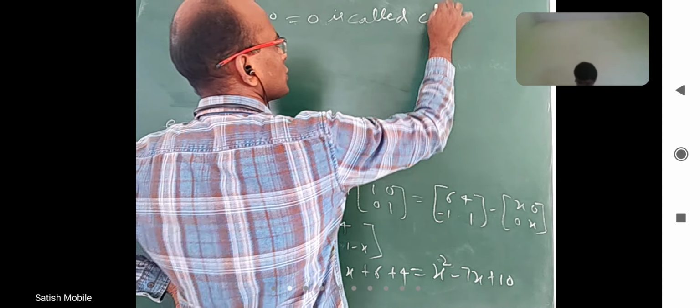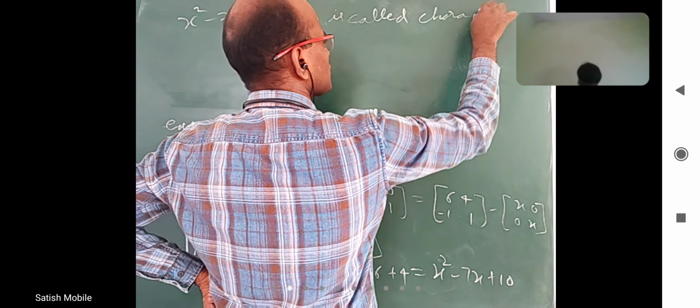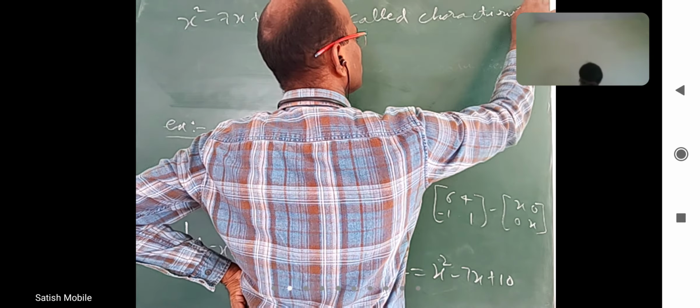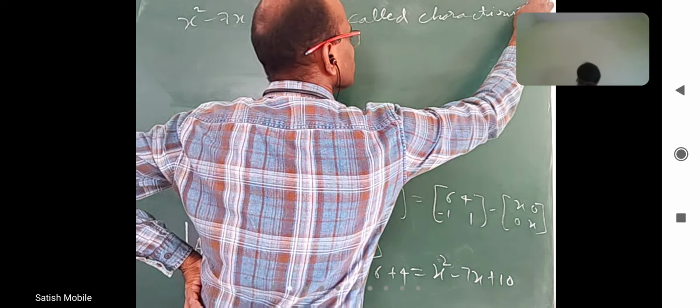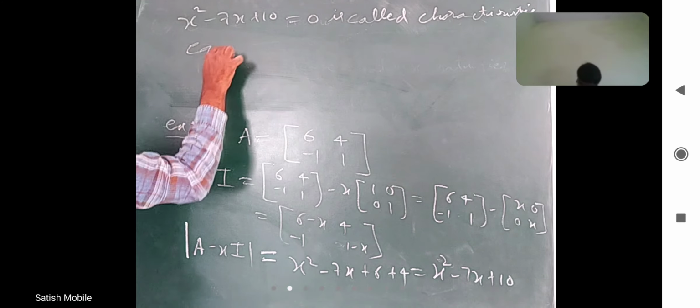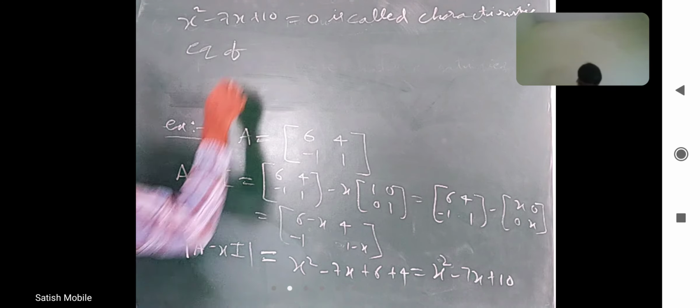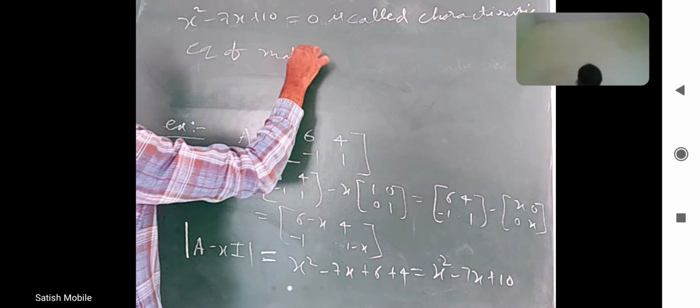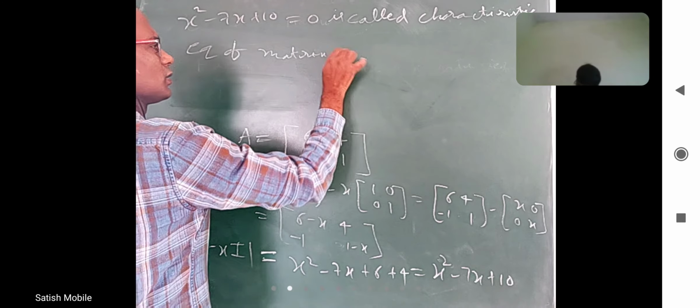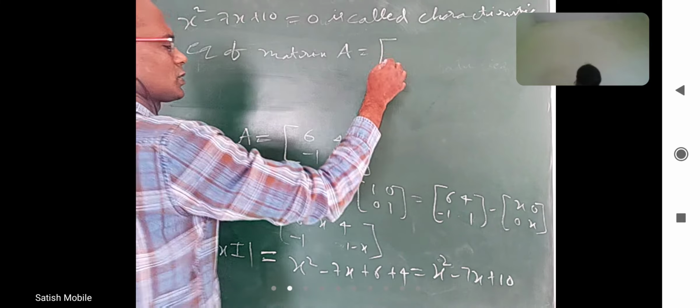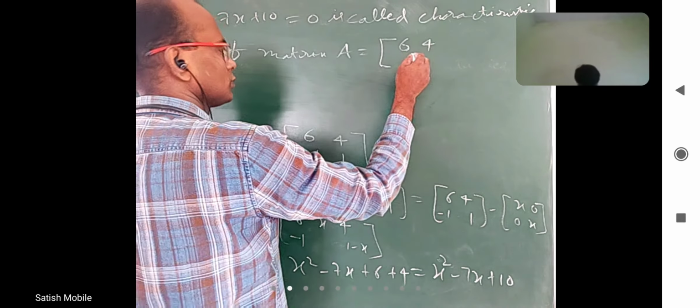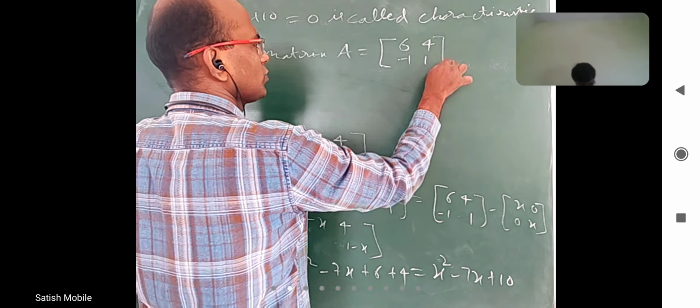It's called the characteristic equation of matrix A, which is 6, 4, minus 1 and 1.